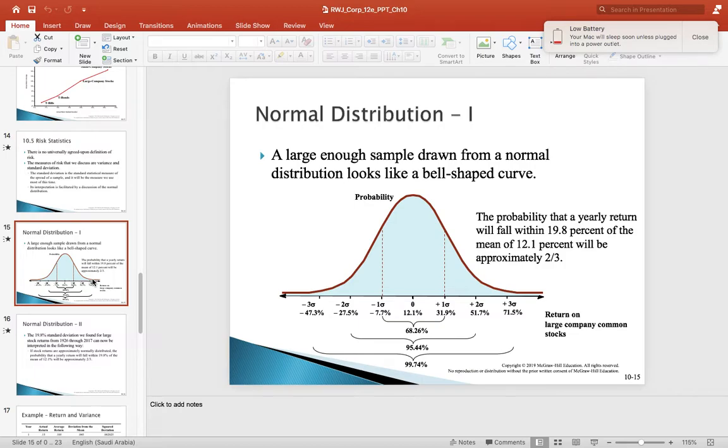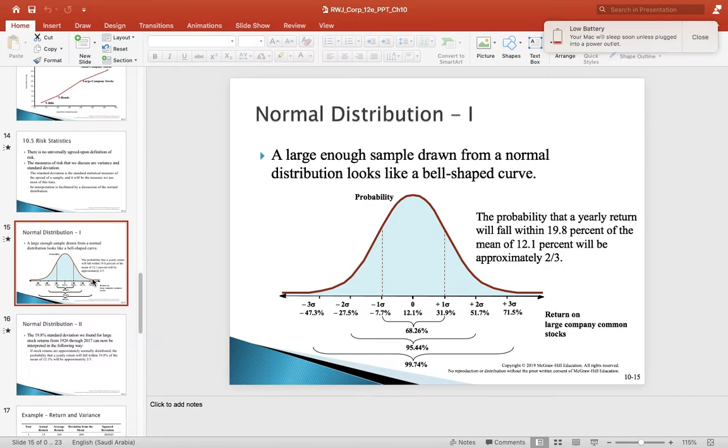Further, if you want more accuracy in the distribution, you can go to 99.74% of the time. The return may go up to 71.5% and it may go down to minus 47.3%.